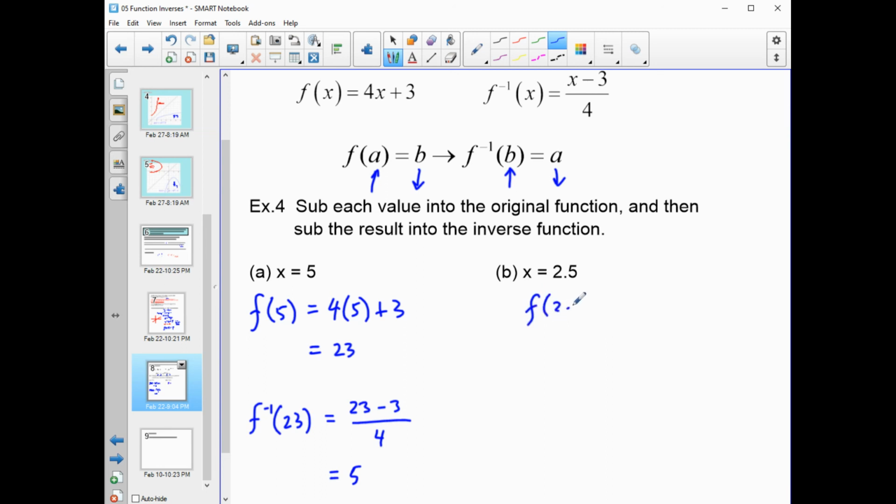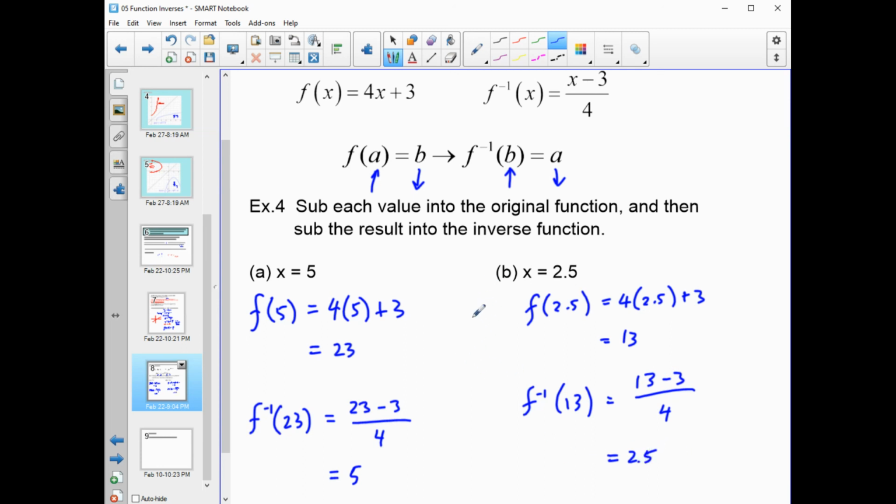F of 2.5, just to show it's not a fluke, 4 times 2.5 plus 3, and that's equal to 10 plus 3, which is 13. And then f inverse of 13 is equal to 13 minus 3 all divided by 4. That's 10 divided by 4, which is 2.5.